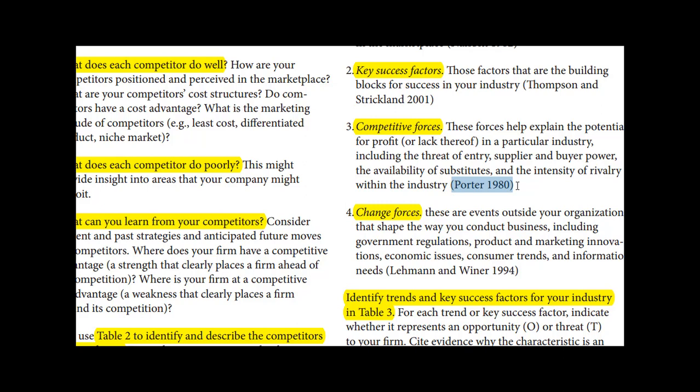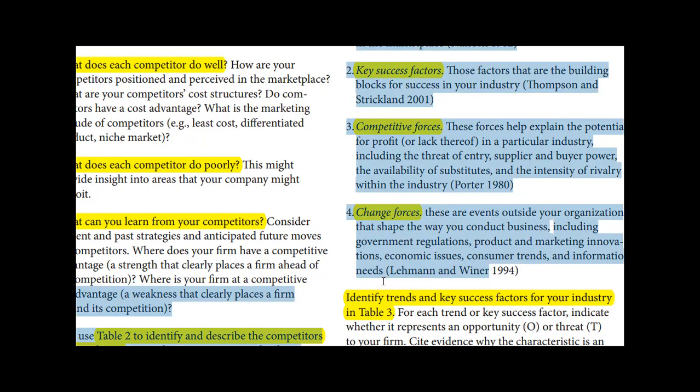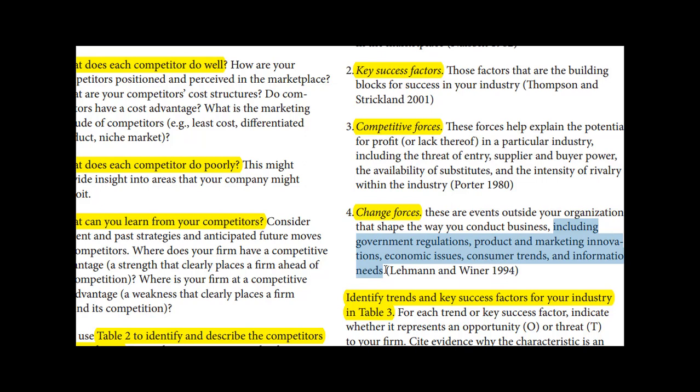Then we definitely try to understand the changes when we talk about business, and these changes can develop from these sources: the government, product or market innovations, economic issues, consumer trends, and information needs. If a company understands all these factors of change, it can evaluate them better.